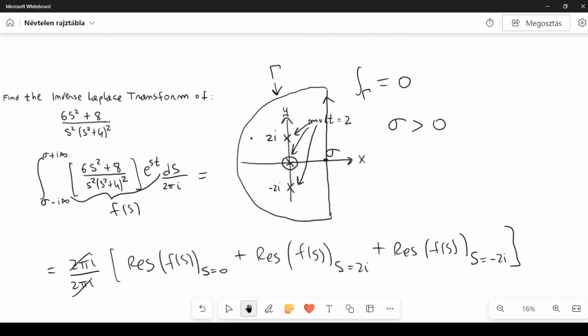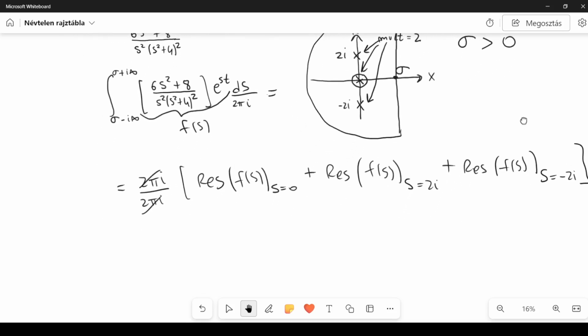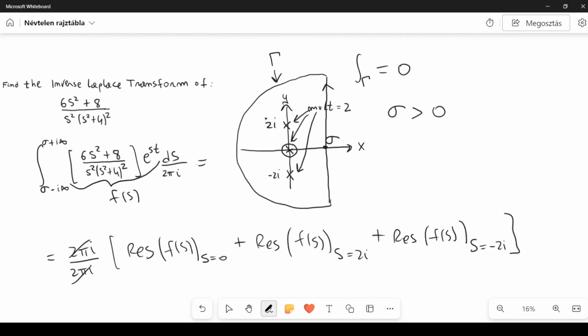That's not difficult to understand, because now let's remind ourselves that this r, I mean the radius of this semi-circumference that I'm considering, capital R, goes to infinity.